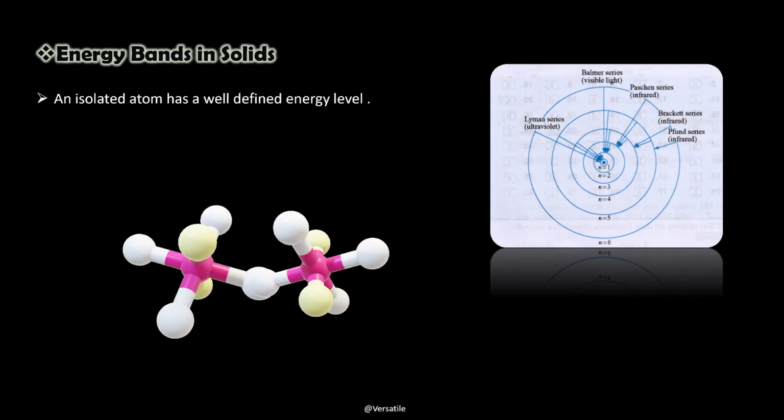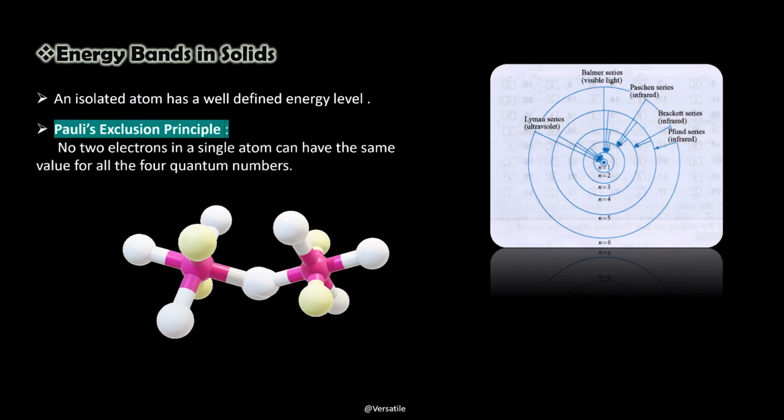Pauli's exclusion principle, which states that no two electrons in an atom can have the same value for all four quantum numbers, comes into play and prohibits the two electrons from having the same quantum state. So this interaction causes a splitting of each individual energy level into two slightly different energy levels.